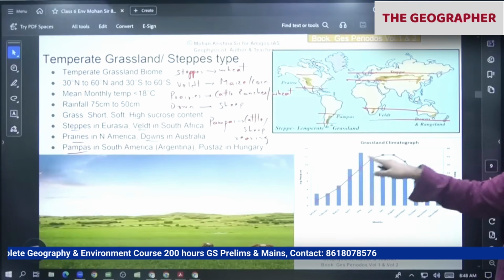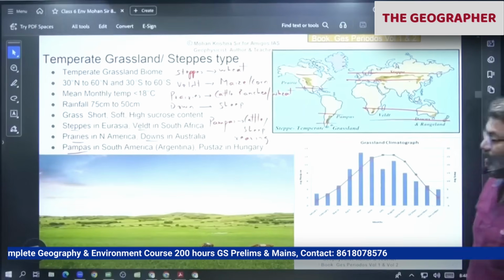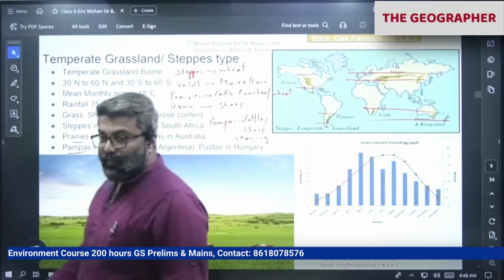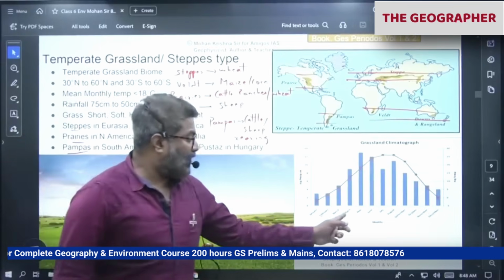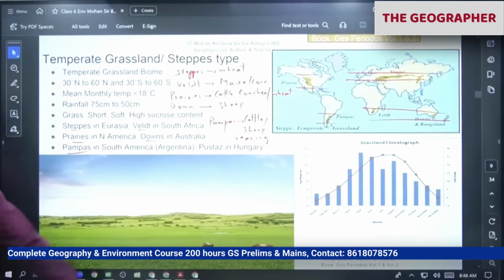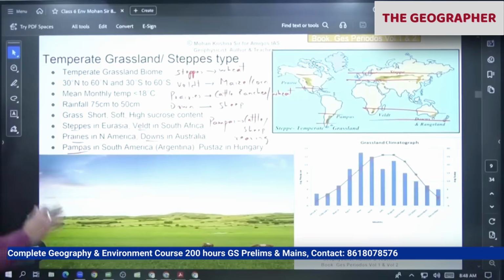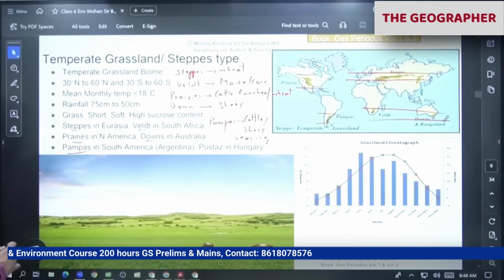See the graph. Steppe grassland receives rainfall, but high rainfall during the mid of the year, April, May, June, July, August. So please mention this in your notes. It's almost done. Whatever we were supposed to revise, we have done.